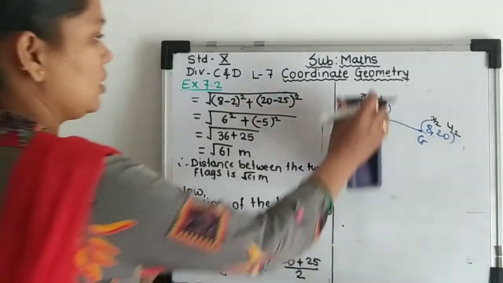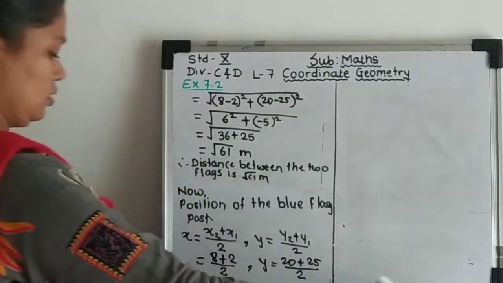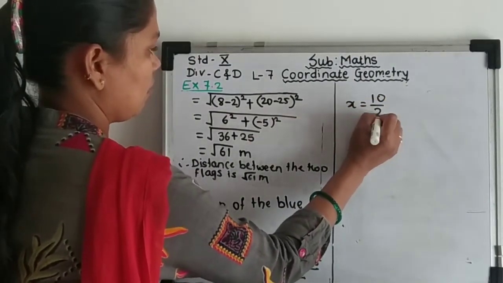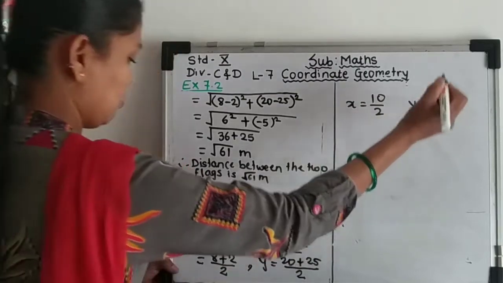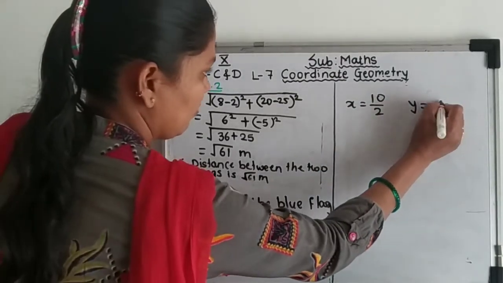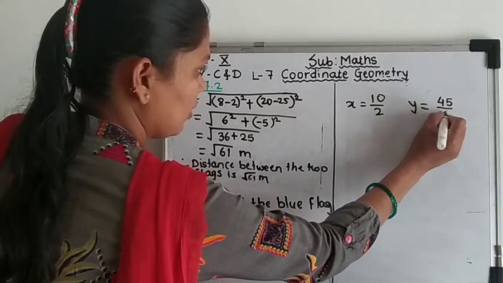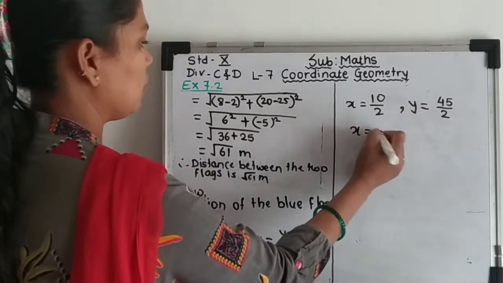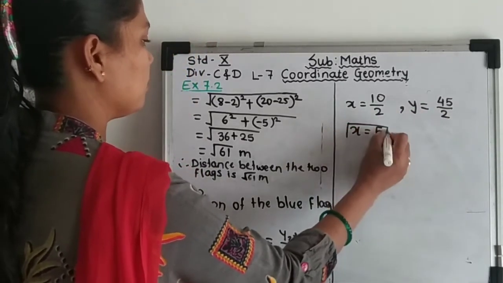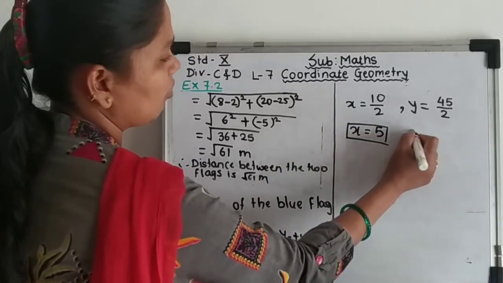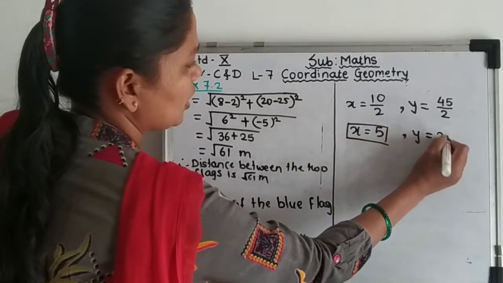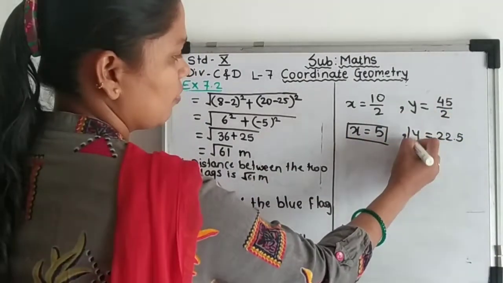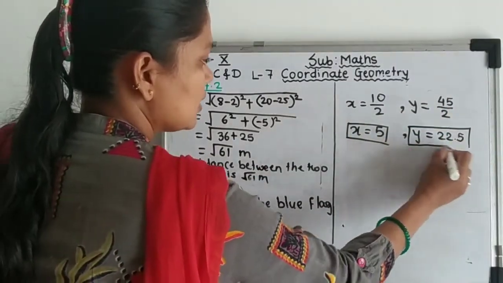So let us solve it. So x is equal to 8 plus 2 is 10 upon 2, and y is equal to 20 plus 25 is 45 upon 2. So x is equal to 5, put a comma in between, and y is equal to 22.5, right? Just divide it, you will get the answer in decimal.